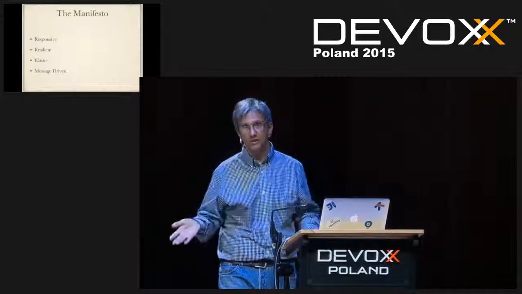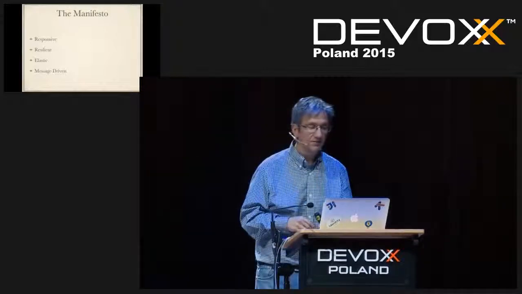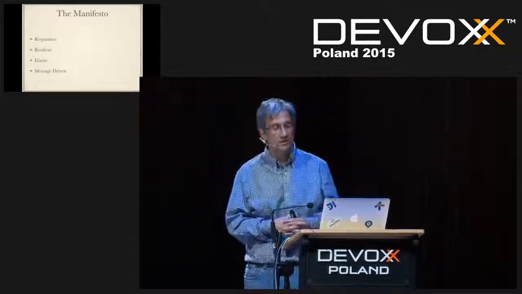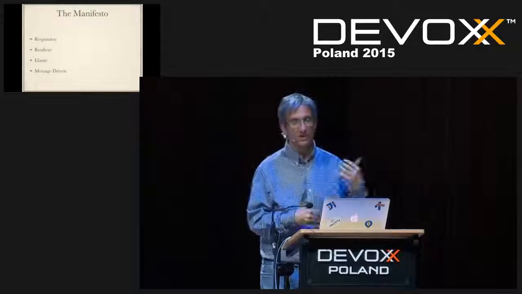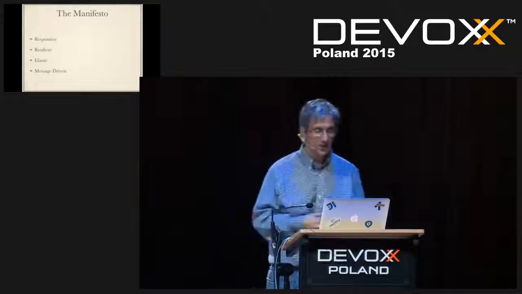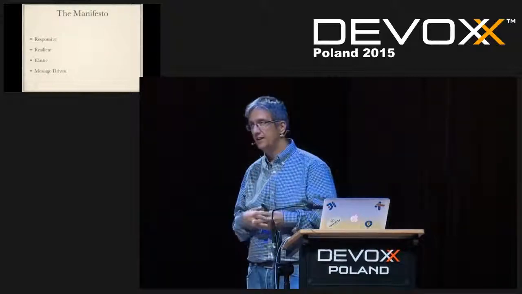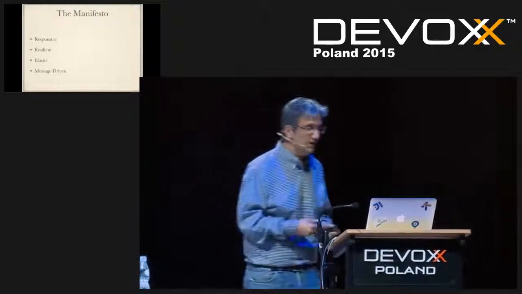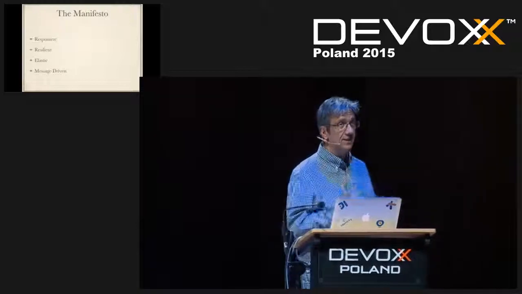Fortunately, if you're the only competitor, that's not a problem. They stick around. But by and large, we are trying to make applications that are responsive, that aren't lagging, that aren't hanging, etc. Resilient is the idea that an application can stand up to failure, etc. Elastic is, again, that it scales.